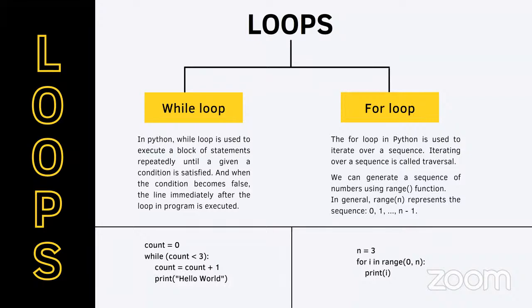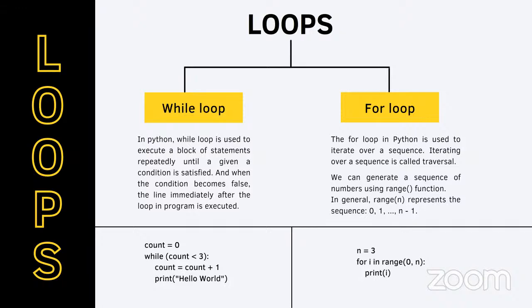We have initialized count to 0, then while is the keyword, and then count less than 3 is the condition. Just like conditional statements, loops are also of Boolean type. I guess you know Boolean type now. So the statement inside the while block will only execute if the count is less than 3.